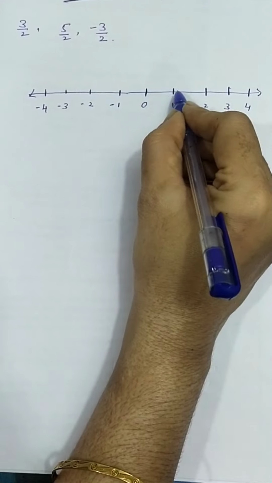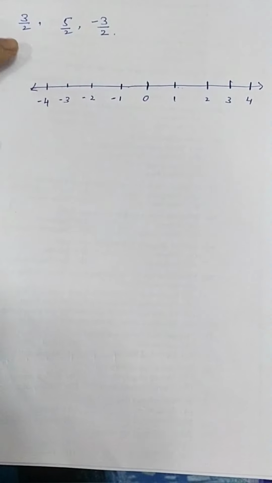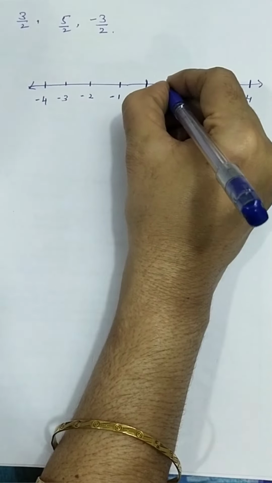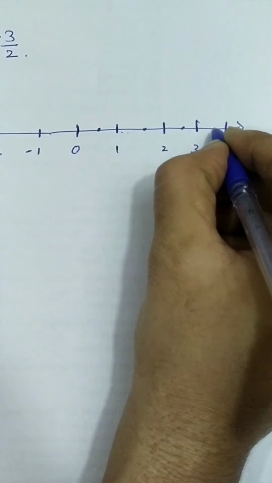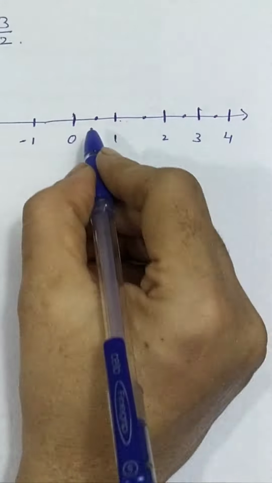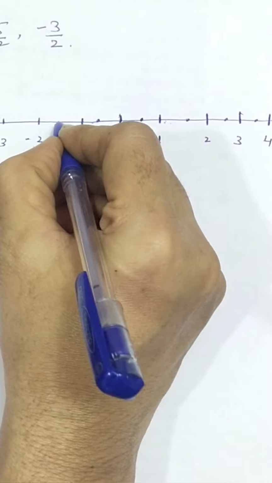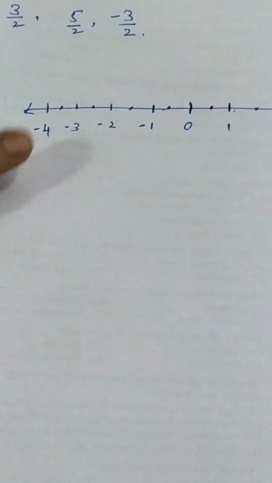From 0 to 1 we call it unit 1, and each unit is divided into 2 equal parts, that we will show by drawing a dot between each unit. From 0 to 1, 1 unit will be divided into 2 equal parts, so that will be shown with the dotted one. I hope you understand this.